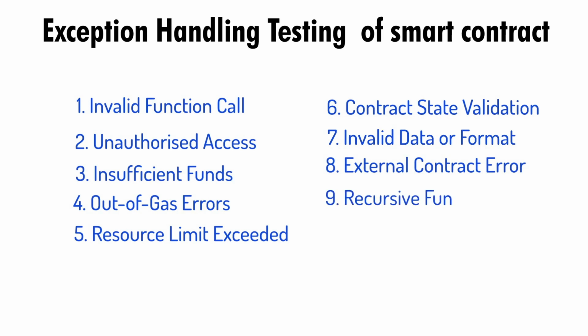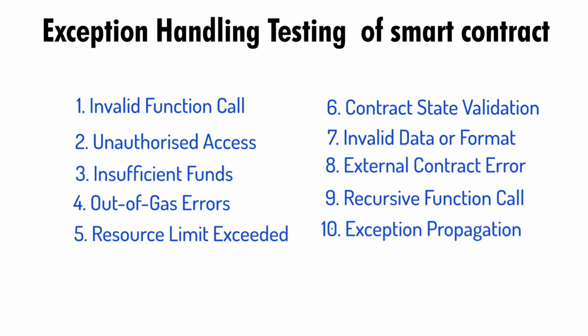Recursive function call. Test a scenario where a recursive function call exceeds the maximum stack depth allowed by the blockchain. Verify that the contract throws a stack overflow exception or reverts the transaction when the maximum stack depth is reached. Exception propagation.